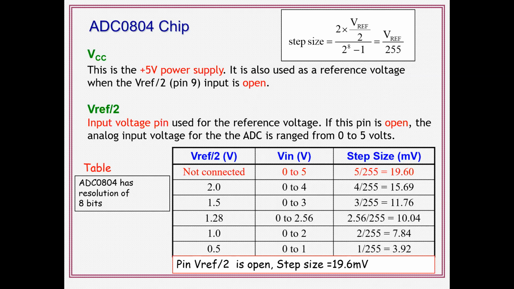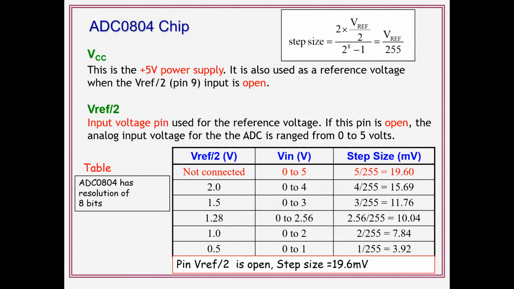Next pin is the V reference by 2 signal. It is an input voltage pin used for the reference voltages. If this pin is open, the analog input voltage for the ADC ranges from 0 to 5 volts. For example, if V reference by 2 is not connected, then Vin varies between 0 to 5 volts, and step size is 19.60 millivolts.